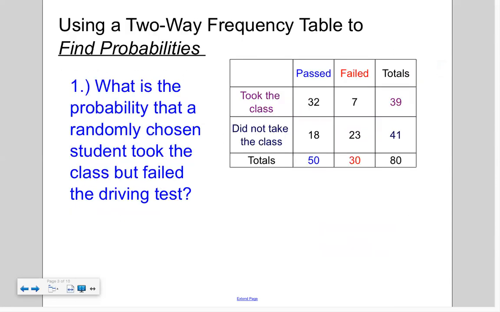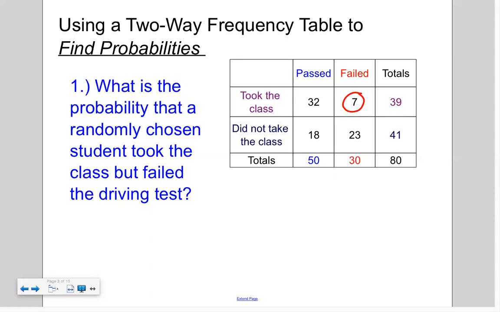So question one, what is the probability that a randomly chosen student took the class but failed the driving test? Okay. So we need to look at the rows and columns and figure out where the intersection is. So took the class but failed, it's 7 students. Now it's telling us where to look.